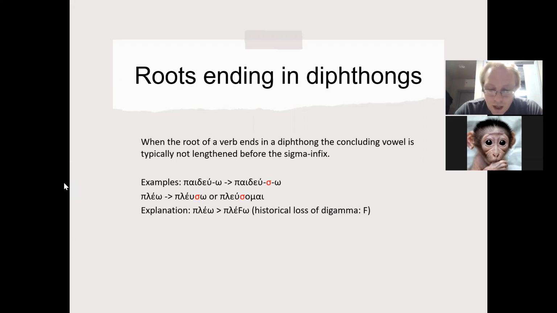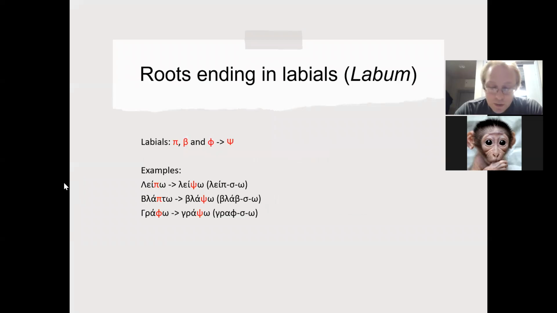Okay, but then we also have all the many verb stems ending with consonants. What happens with these in the future? Here we have to set up some categories. So first off, we have the stems that end with a labial consonant.